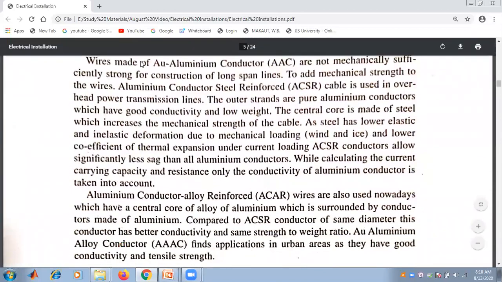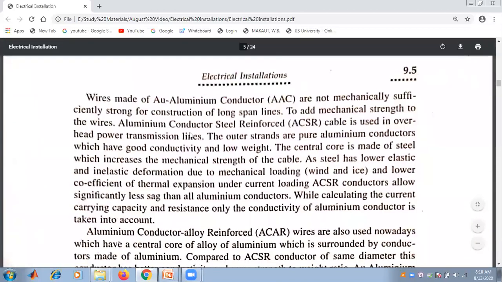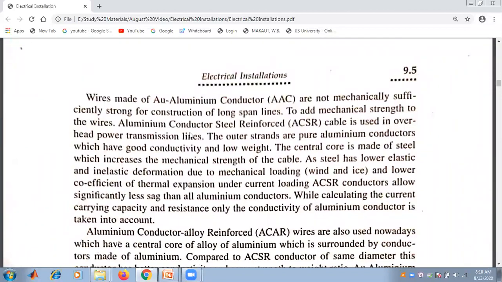Wires made of aluminum conductor, known as AAC, are not mechanically strong enough for construction of long span lines.